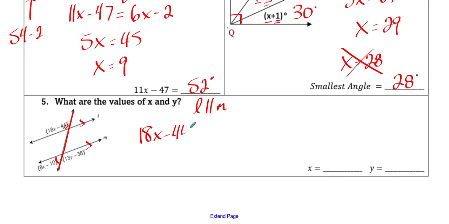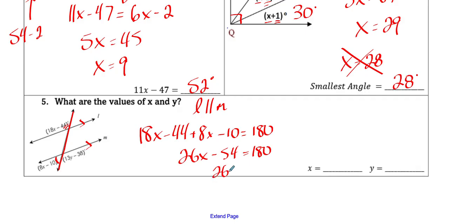So 18x minus 44 plus 8x plus 10 equals 180. So 26x minus 54 equals 180. So 26x equals 234, and then we divide by 26 and get that x is 9.